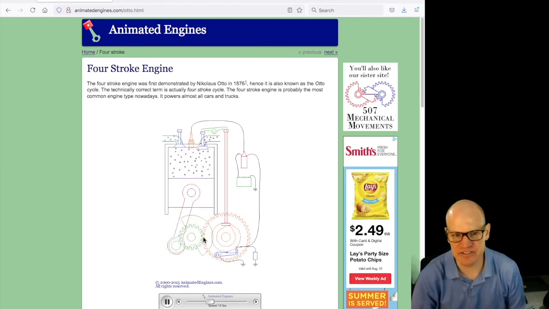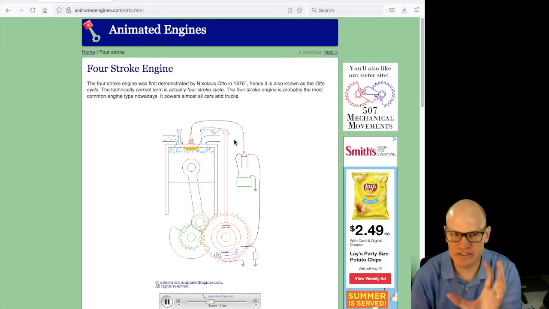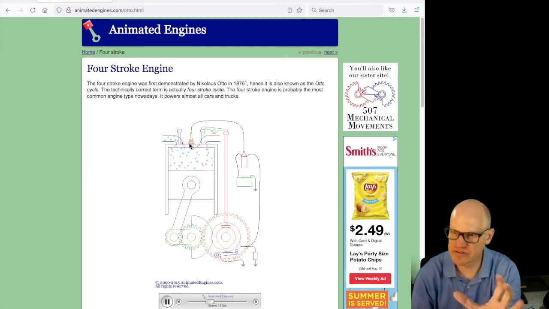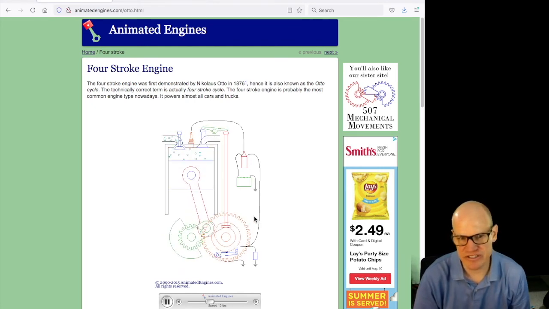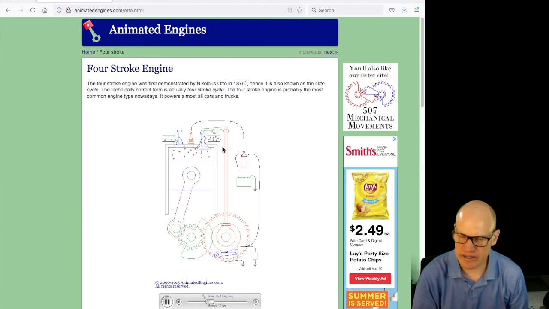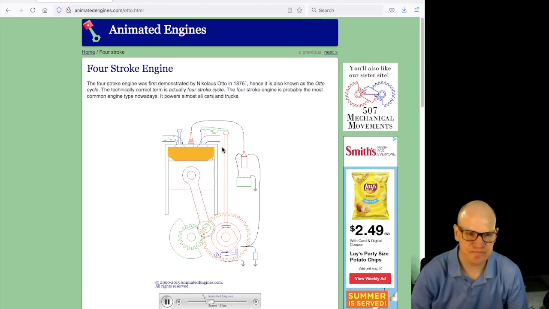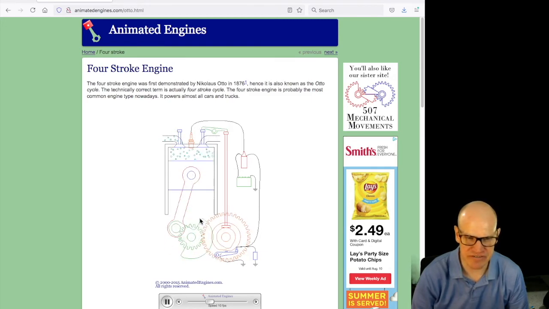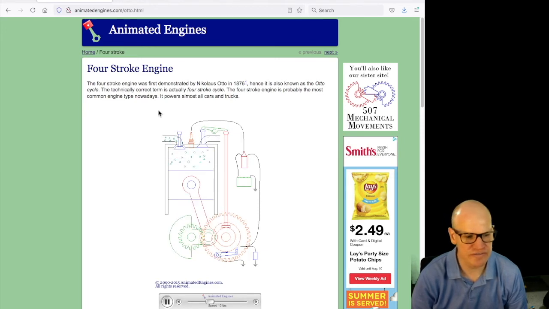The camshaft is just taking the spinning system and coupling it to the motion of the valves so that the valves open and close at the right time. The spark plug is attached to that system as well, so that the spark happens at the right time. It's all driven off of where the crankshaft is in the cycle, and your gear ratio tells you how often this is going to go off.